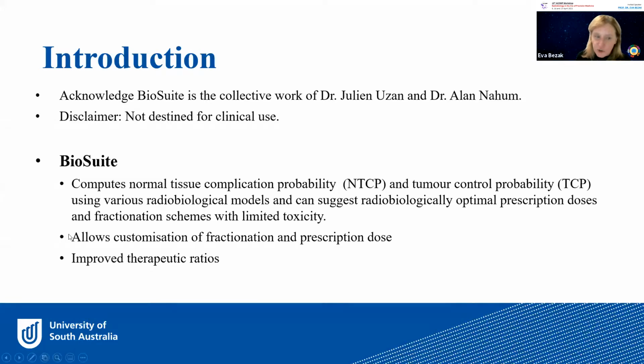It is a software that computes normal tissue complication probability and tumor complication probability using various radiobiological models, and can suggest radiobiologically optimal prescription doses and fractionation schemes with limited toxicity. It is a shareware that is downloadable, and it allows for customization of fractionation and prescription dose.